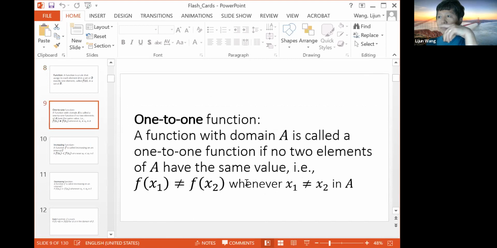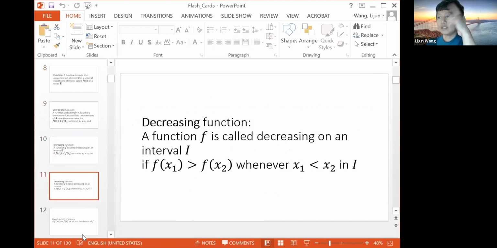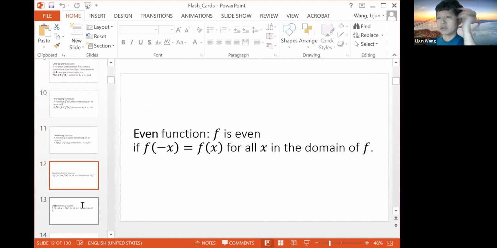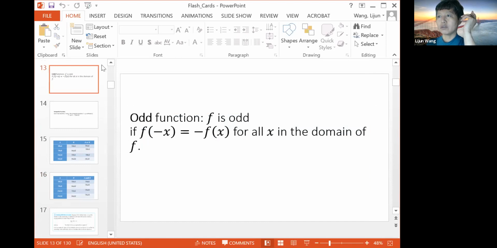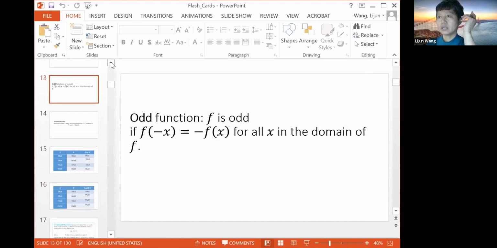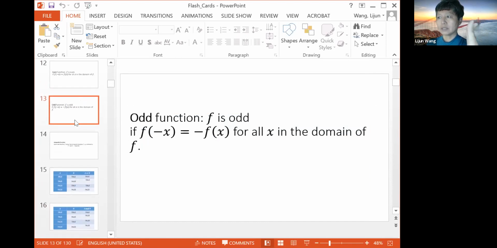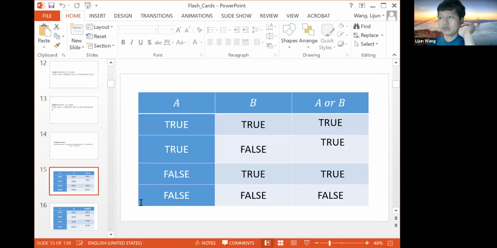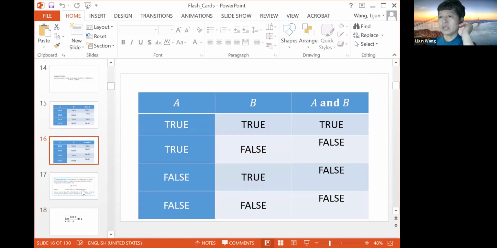One-to-one function, increasing function, decreasing function, we covered. Even function, odd function, you have learned that in algebra class. We're going to review those topics. And composition of function, truth table, right?